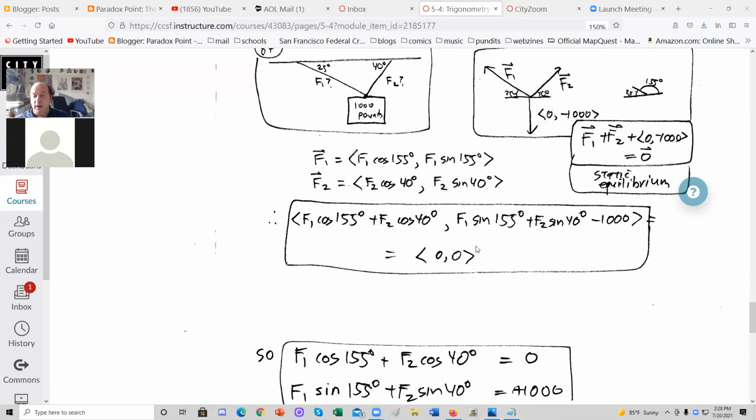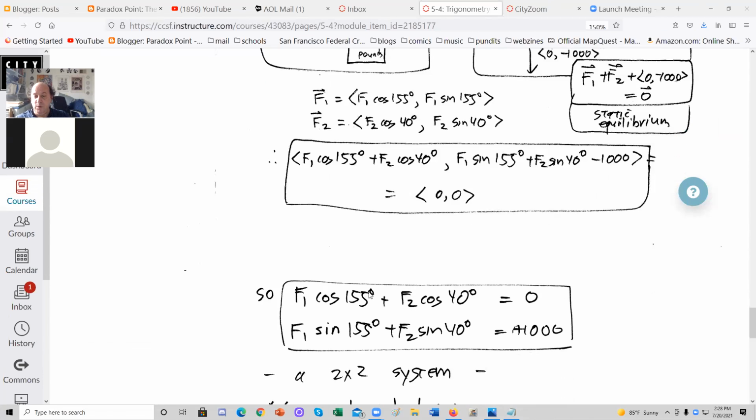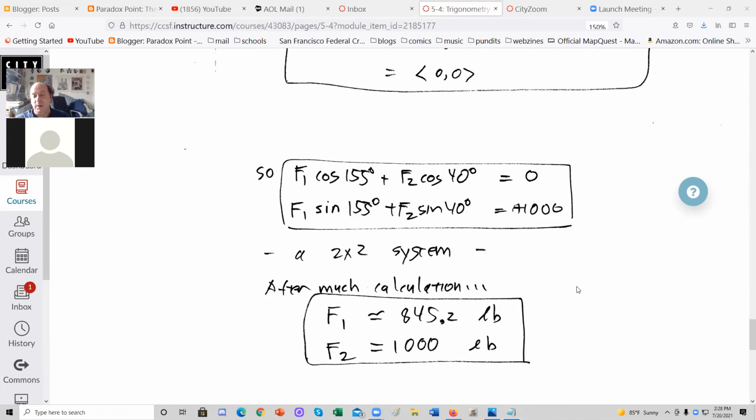Now, okay, vectors are equal if their components are equal. So F1 cos 155 plus F2 cos 40 is 0. F1 sine 155 plus F2 sine 40 minus 1,000 equals 0, so these add up to plus 1,000. This is a 2 by 2 system. It's a linear algebra system.